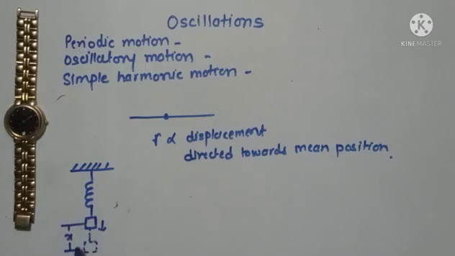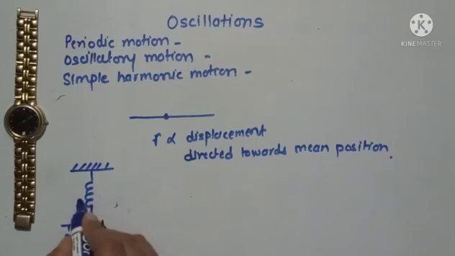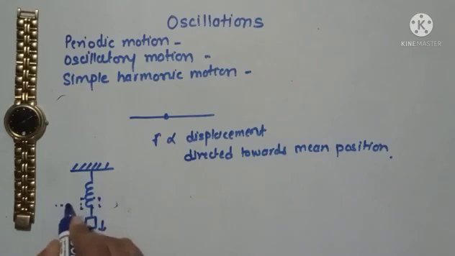When I apply some force on this spring, the spring will start to oscillate. It will move upward from the mean position also, and after some time it may reach over here also. So this displacement is also x.